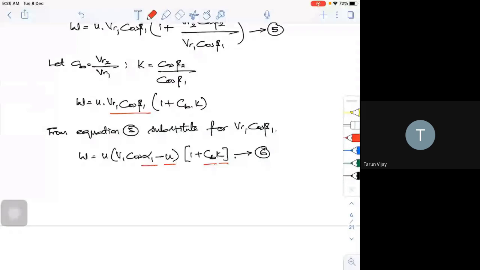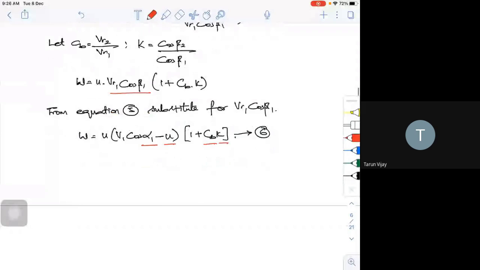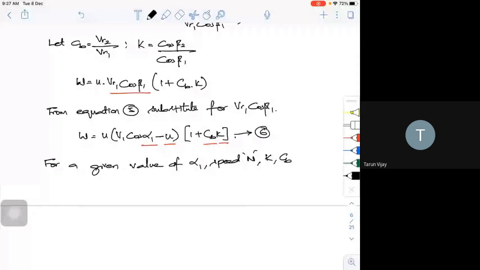That means for a given value of your flow angle alpha 1, speed, which is directly dependent on your N, so U is pi dN by 60, and then your blade angle, which has an impact on your CB, how can I maximize my work done?